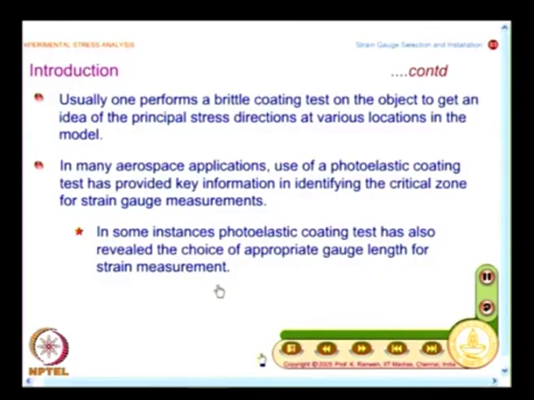See, this is the general thumb rule when you are looking at a complex problem. A combination of a whole field technique and a point by point technique makes your analysis faster, at the same time reasonably accurate, because in a complex problem, the first identification is which are the critical zones. A whole field technique can give that very easily, and in those locations you place strain gauges and refine your measurement.